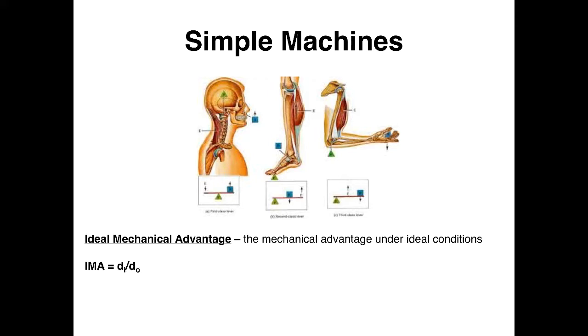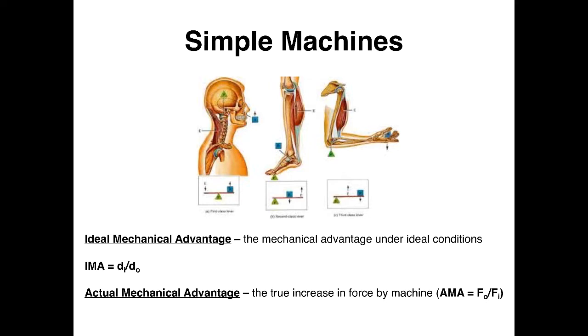So the ideal mechanical advantage is going to equal the distance from the fulcrum to the input divided by the distance from the fulcrum to the output, or it's also equal to the output force divided by the input force.